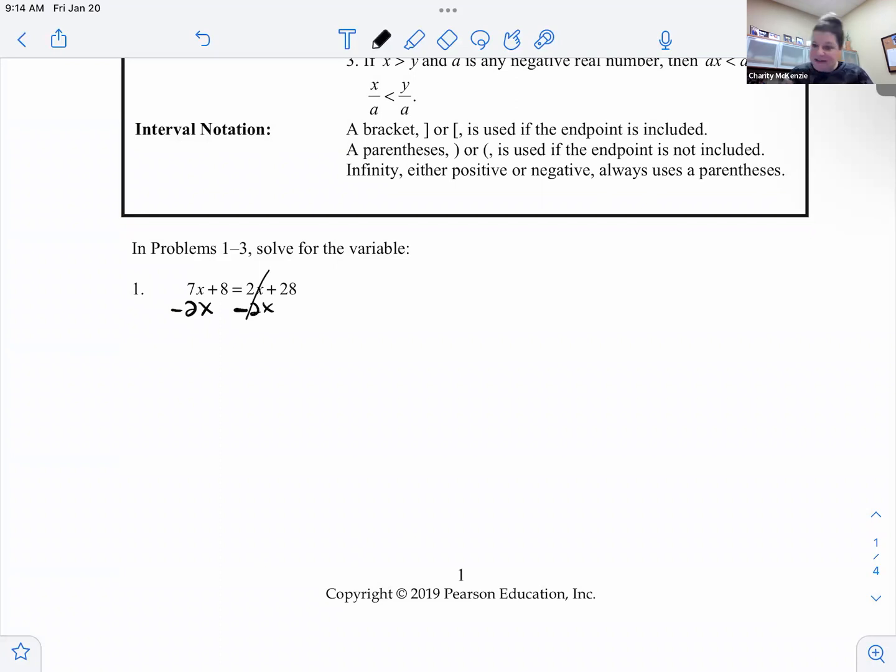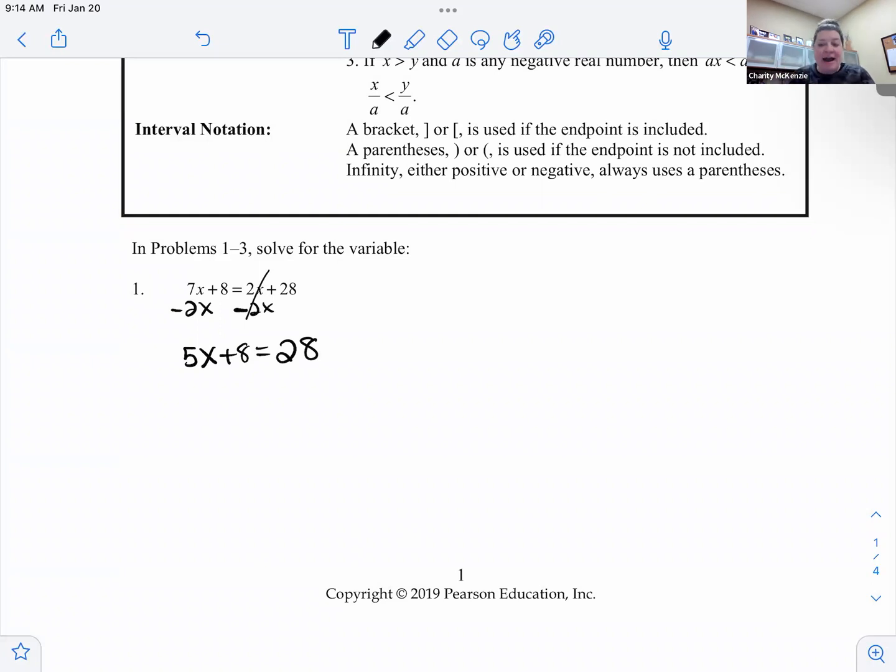So 2x minus 2x goes to 0. On this side, I'm going to end up with 5x. Then you still have the plus 8, you still have the equal, and you still have the 28. You bring everything down, right? So you put those variables together on one side of the equation.